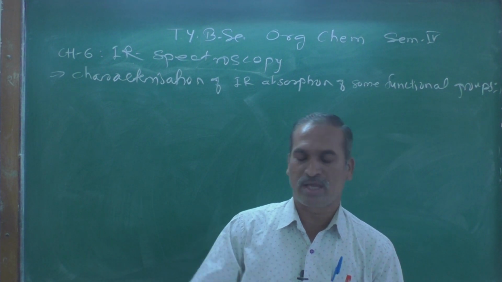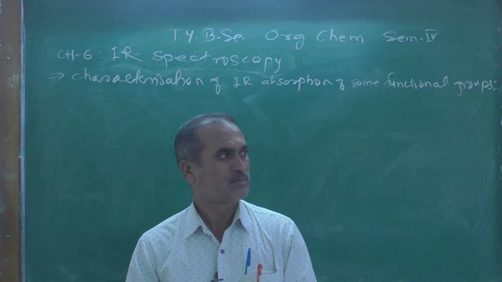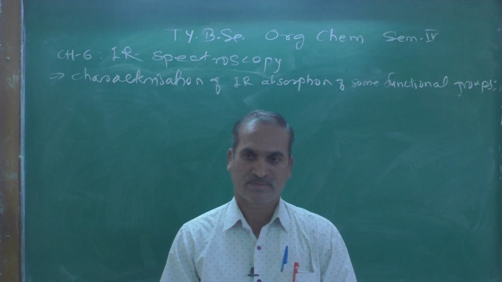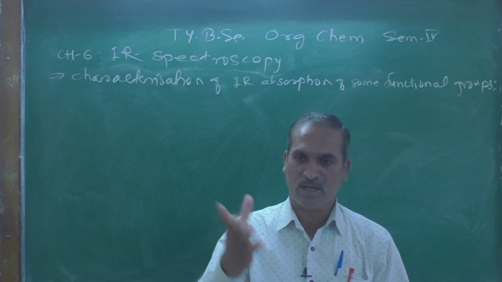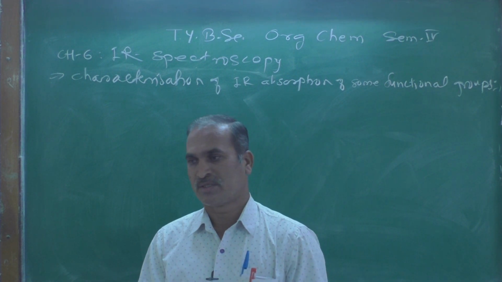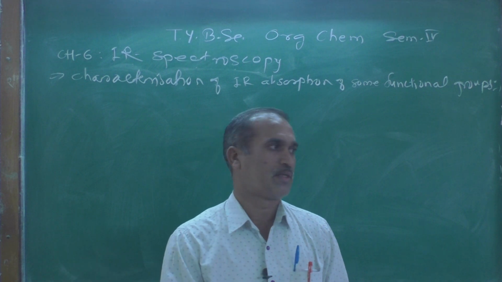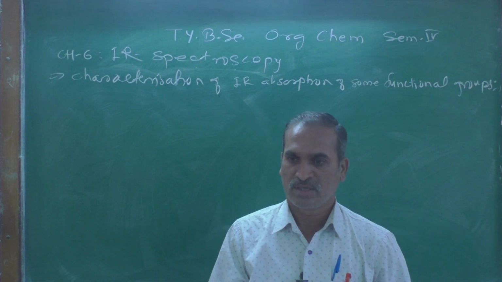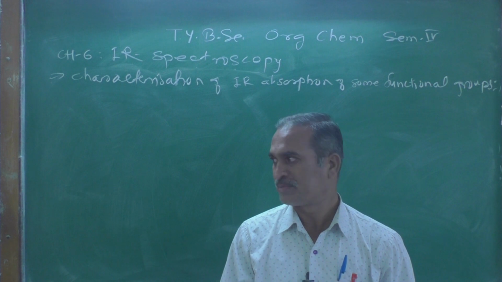It is known as the triple bond region. The band appearing around 1700 per centimeter is due to the presence of a carbonyl group.